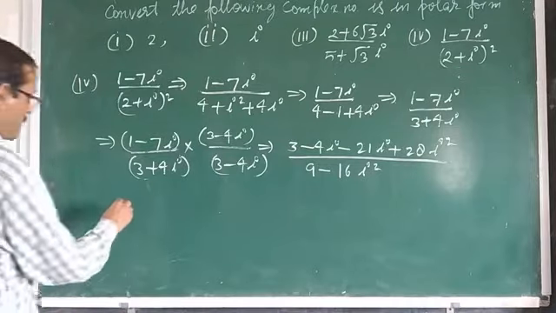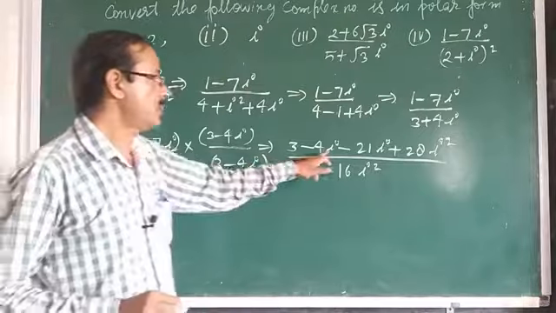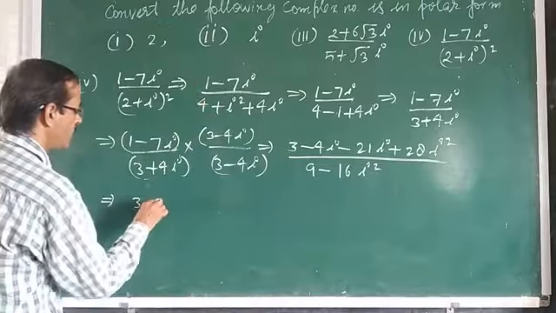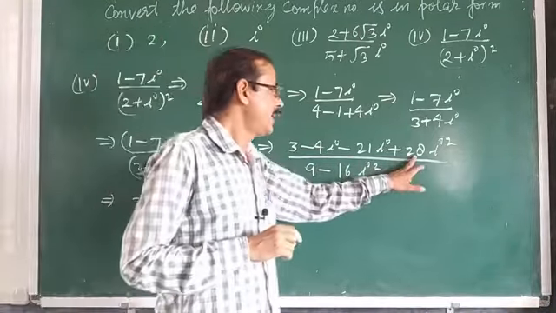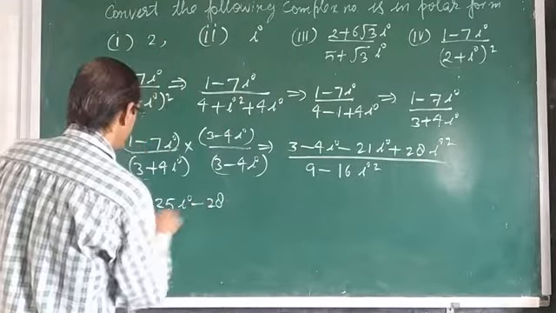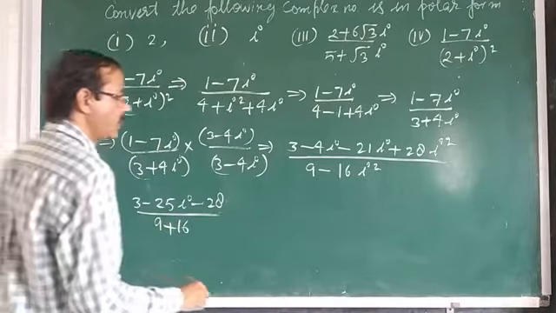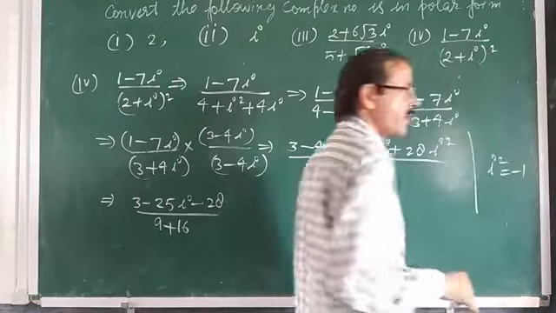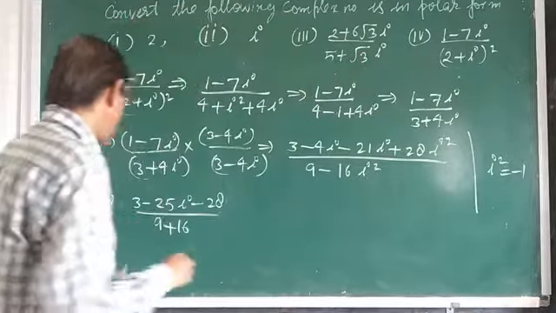So we can write here 3 minus 4 iota minus 21 iota, what will be minus 25 iota, minus 25 iota. 28 iota square, minus 28, and 9 plus 16. Why? I already told you iota square is equal to minus 1, in the place of iota square we have to replace by minus 1.